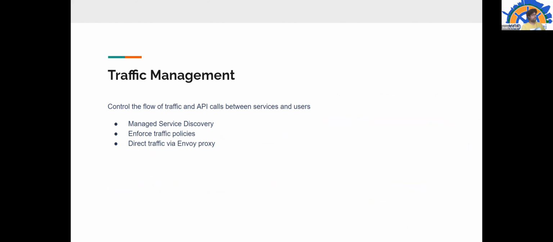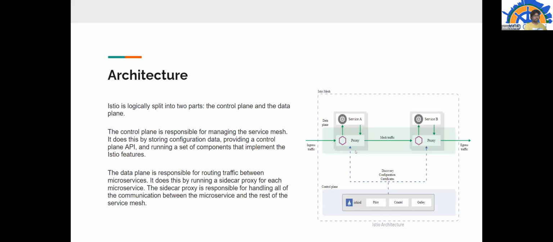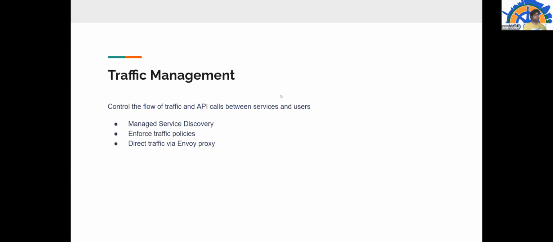Traffic management is all about controlling, managing, and defining policies for all the traffic coming to the services, whether between service to service, coming from outside to the service, or going out from the service. All that traffic will be managed and maintained by the traffic management system.